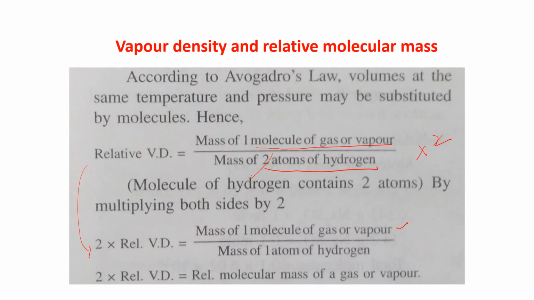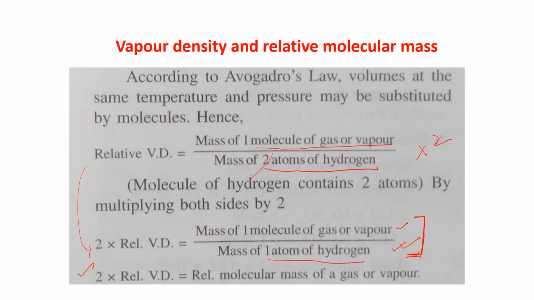So now 2 into relative density is equal to relative molecular mass of gas or vapor, because this is nothing but the mass of one molecule of gas or vapor divided by mass of one atom of hydrogen. Just remember the first slide, what we have said: it is compared with the hydrogen or carbon or oxygen atom. So the mass of one molecule of the gas or vapor is compared with one atom of hydrogen.